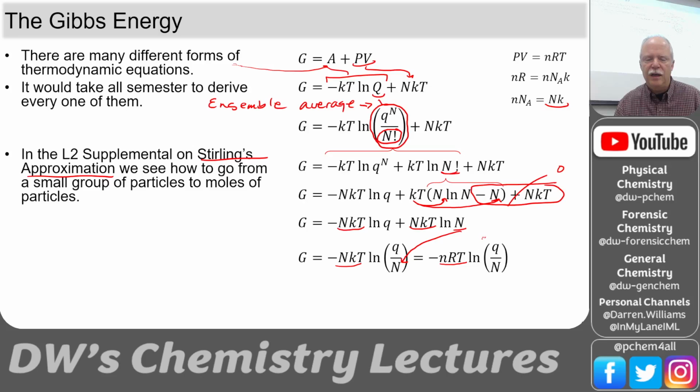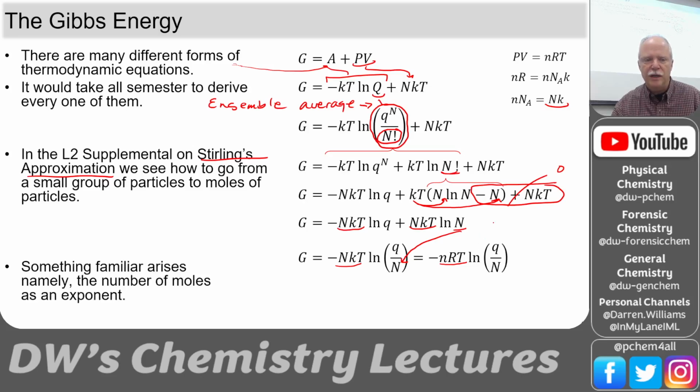Now something familiar arises out of this, and that is when you have something multiplied by a natural log, you could also move it over to an exponent. So we can take this little number of moles and put it over here. And so our Gibbs energy is the minus RT natural log of the partition function over the number of particles, raised to the number of moles.